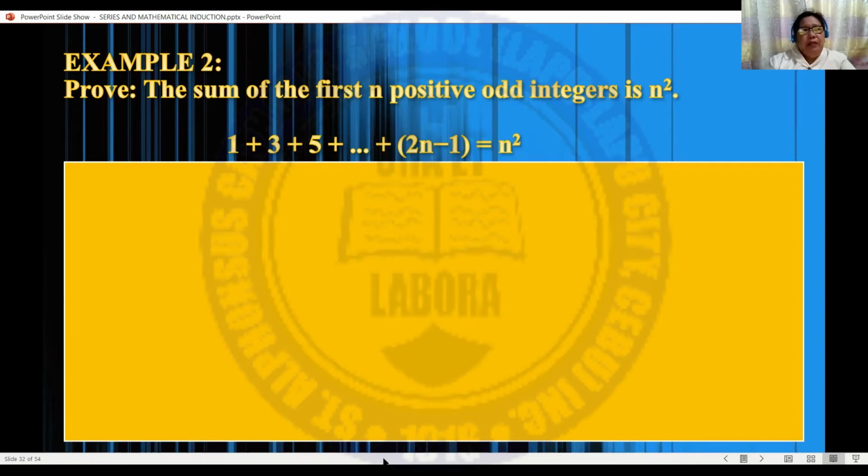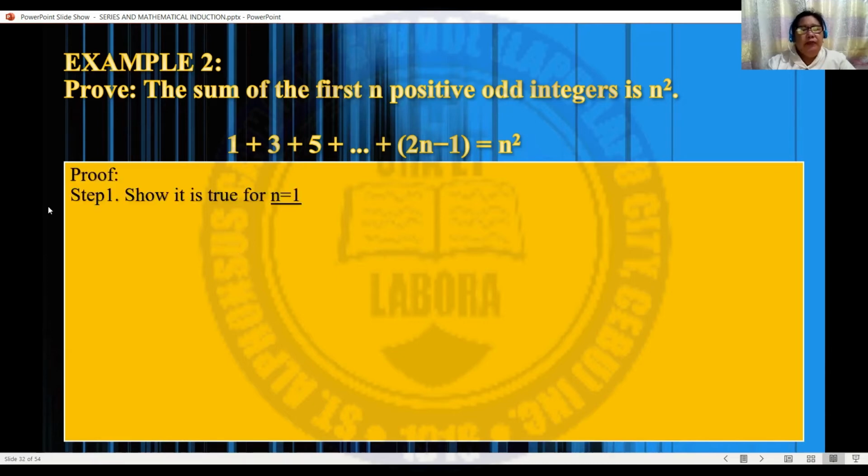Let us have example number 2. Prove that the sum of the first n positive odd integers is n squared. So the first n positive odd integers can be written as 1 plus 3 plus 5 and so on until you will have this formula, 2n minus 1, to get the next term, which is equivalent to n squared.